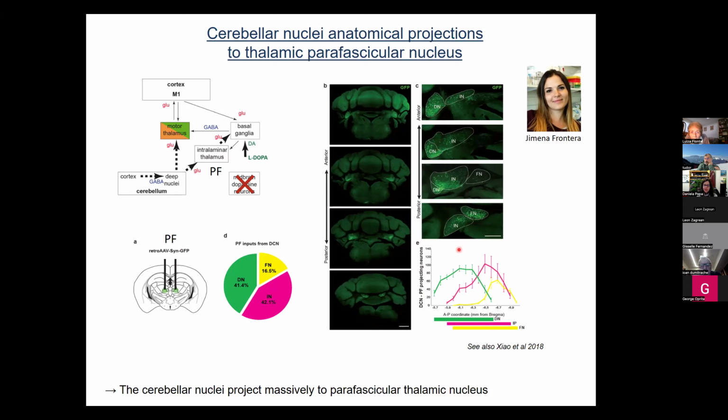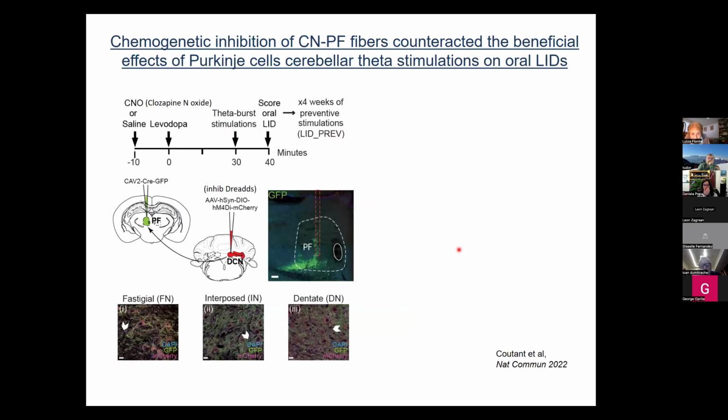With this in mind, we used chemogenetics to check if we really need the connection between the cerebellar nuclei and the parafascicular nucleus to get the effect of cerebellar stimulation on Purkinje cells. How does it work?